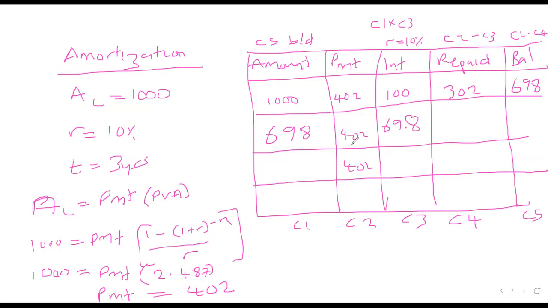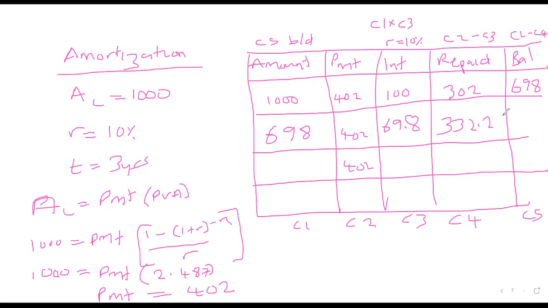We subtract column 2 minus column 3. What do we get? We get 332.2.